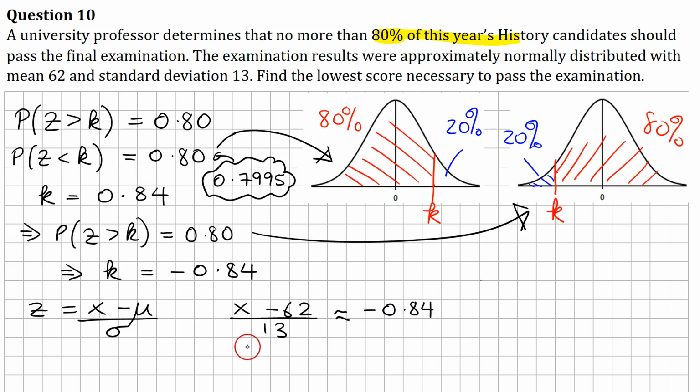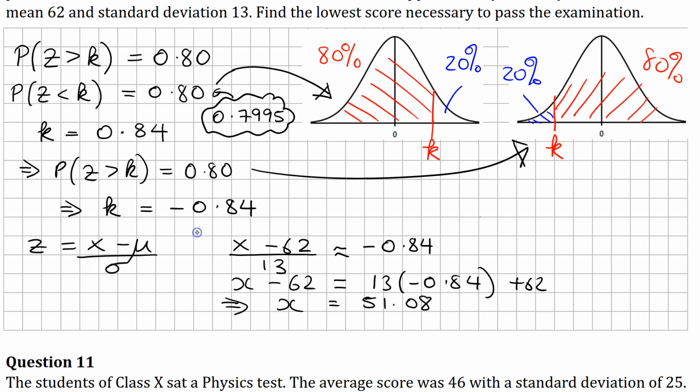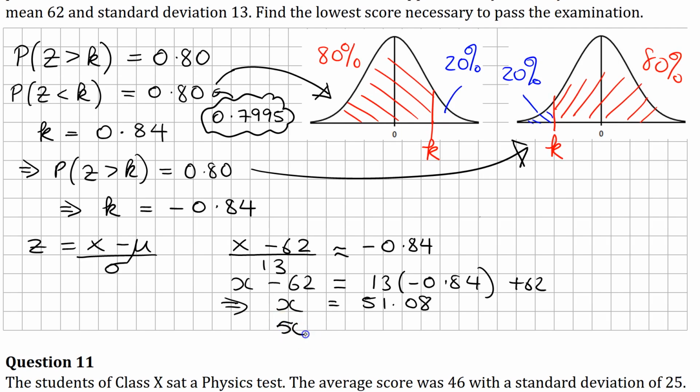So x minus 62 equals 13 times minus 0.84, plus that 62. This gives us an x equal to 51.08. So the minimum mark to pass, x, will need to be 52% in order to pass this exam, because only 80% of students are allowed pass.